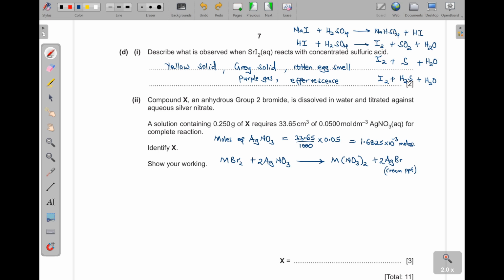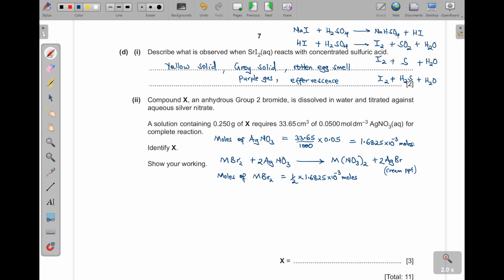Now, from here, 1 mole of X reacts with 2 moles of this. So how do we move from the 2 to the 1? We divide by 2, right? So that means we shall write moles of X or MBr2 will be equal to a half of what we have gotten here: 1.6825 times 10 to power negative 3 moles.